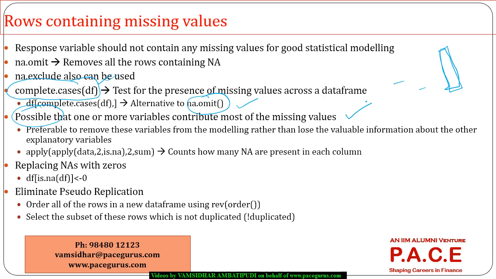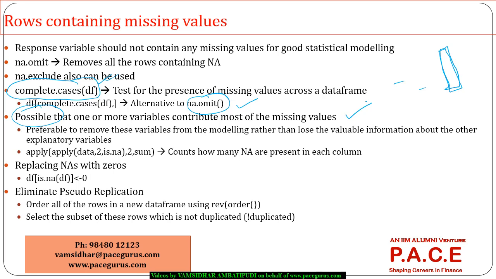If I am able to identify that most of the missing values are coming from one single column, it's better to remove that column from the modeling purpose, rather than removing all the rows of data where other column values are present and losing valuable information in the modeling process. Rather than removing the rows, you can think of removing that one single column which has a good number of NAs in it.